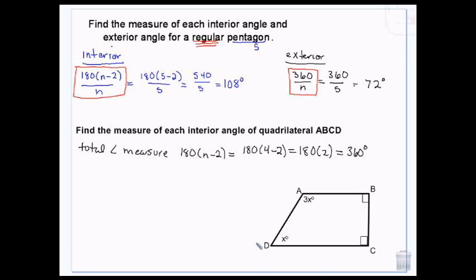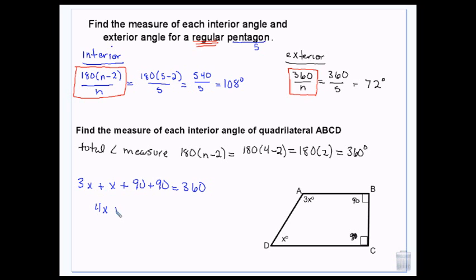All right, once we've found the total, we can say, okay, each of these is 90, right? Because they're marked. So what I'm going to have is 3x plus x plus 90 plus 90 will equal the 360.